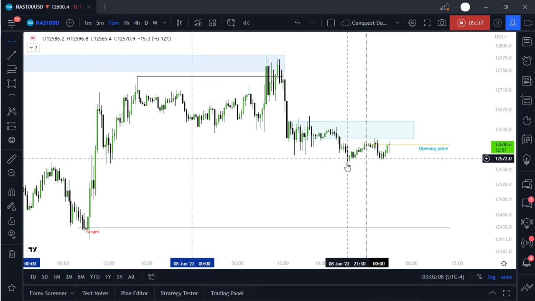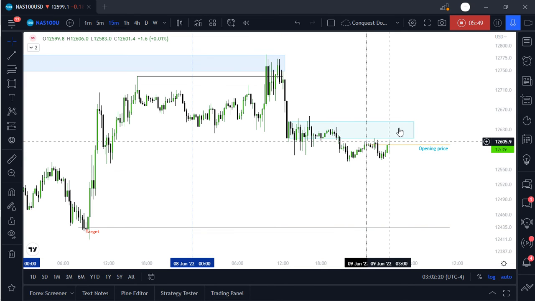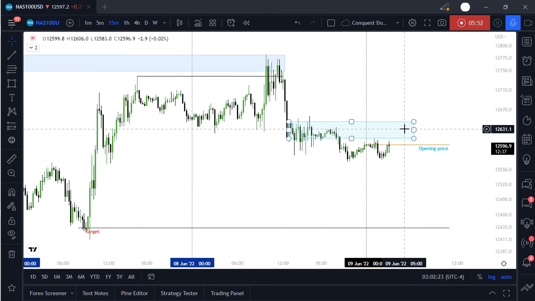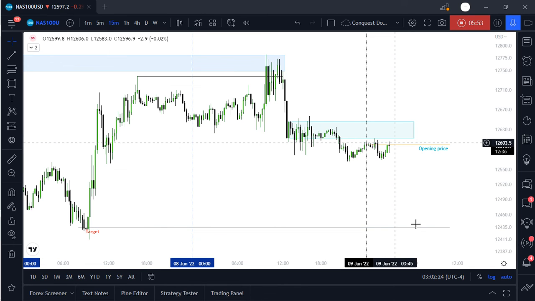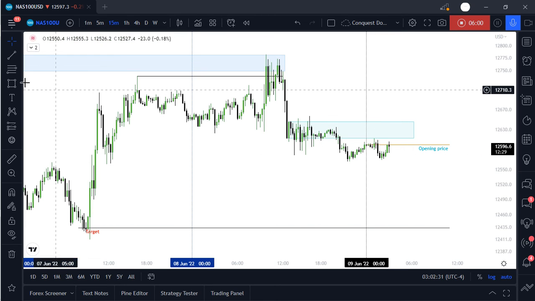For as long as price hasn't tapped below this low here, I treat this low as a key pointer for a bearish move. I do expect price to go up a bit, test this resistance area here, and then come through and set up for us for a sell setup, excuse me guys.